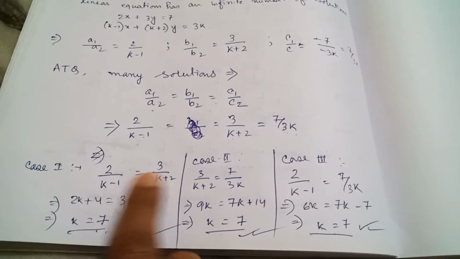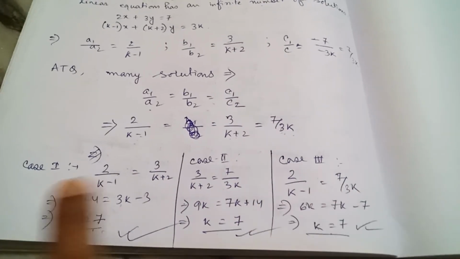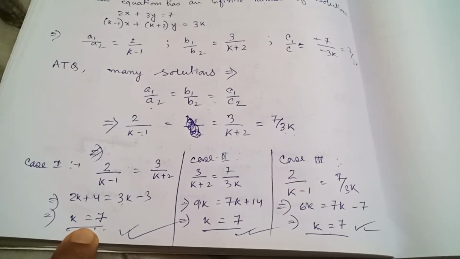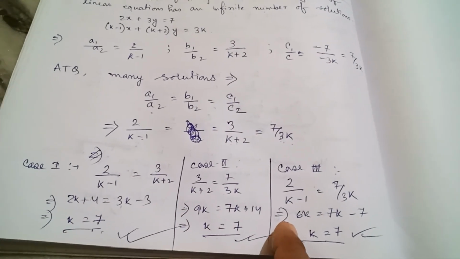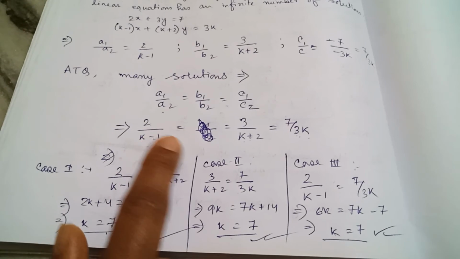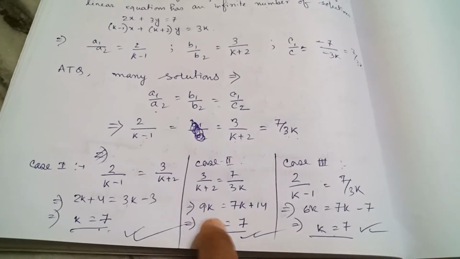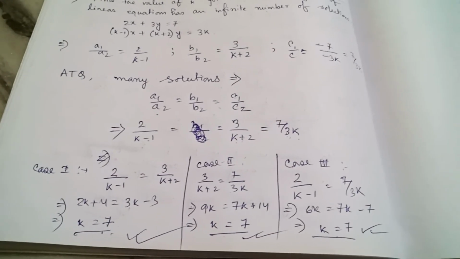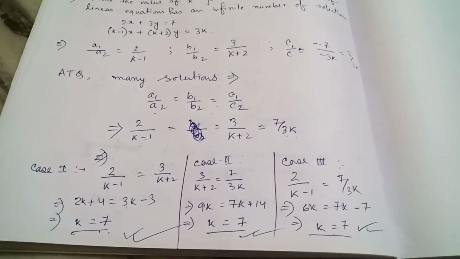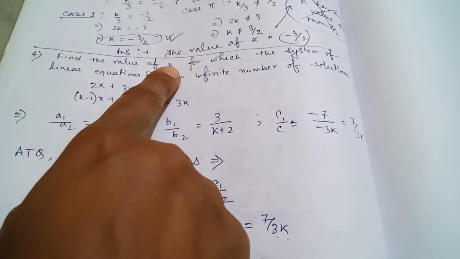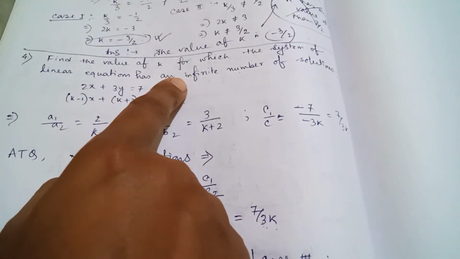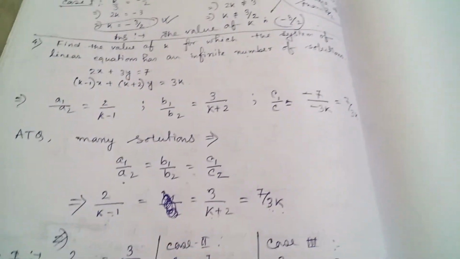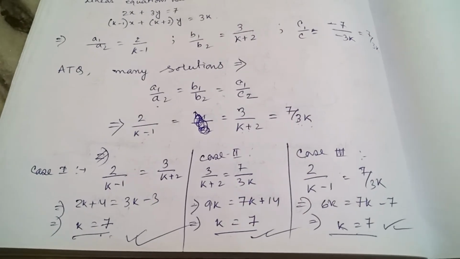So by solving these three equations, we will be getting the value of k equals to 7 in each case. Now as the value is coming as 7 in each case, our answer line will be the value of k is 7, for which the system will have infinite number of solutions.